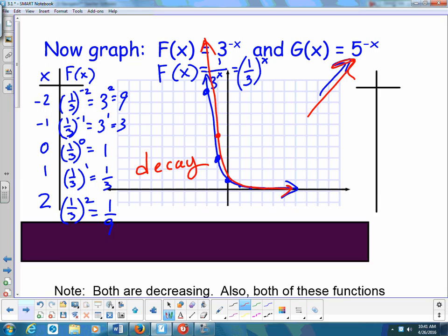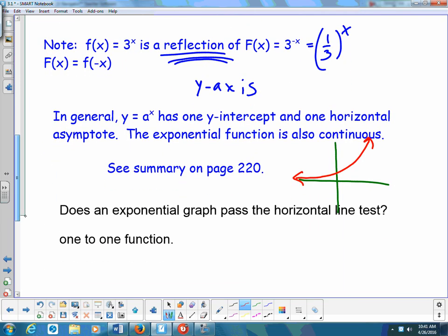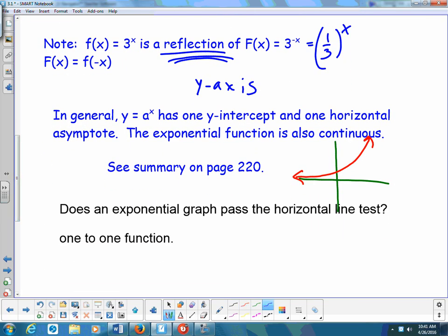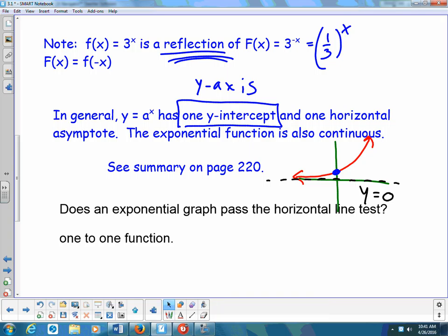All right, so let's go back to this for a minute, and notice that in general, these are going to have one y-intercept, and they're going to have one horizontal asymptote, which in this case, for this particular one, was just y equals 0.